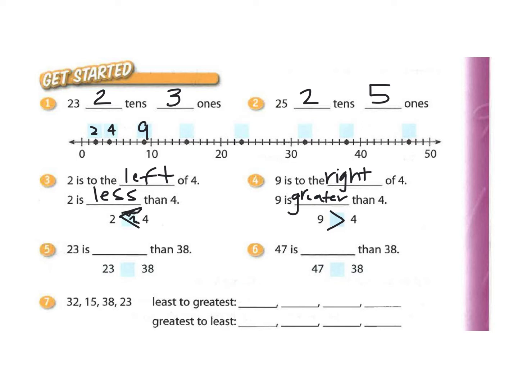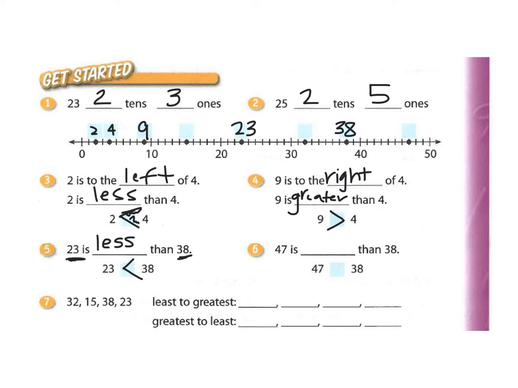If we look here, we have 23 is blank, then 38. So 23 is right here, and then 38 is right here. We can see that 23 on the number line is less than 38.